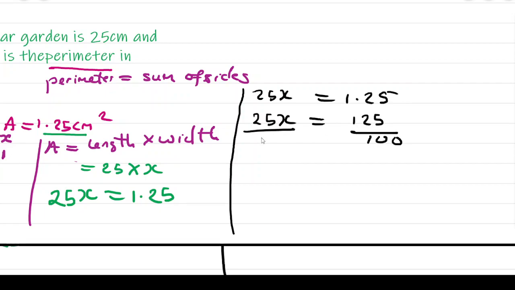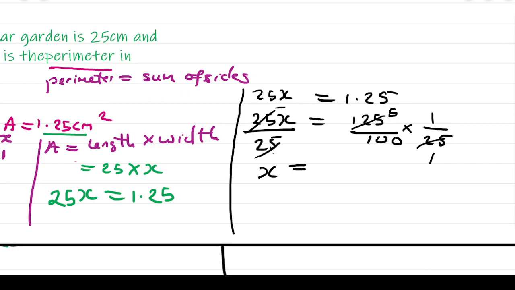So when you divide both sides by 25, it's like multiplying by 1 over 25, so that 25 cancels 25 and the x will be here. 125 divided by 25 is 5.